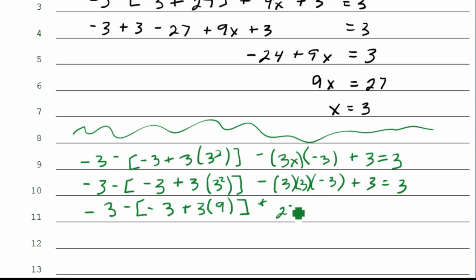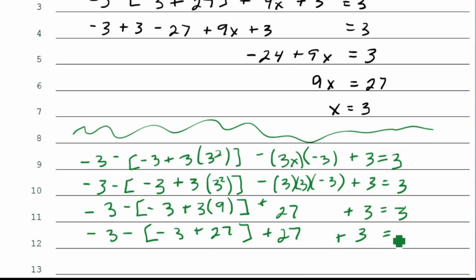Plus 27 plus 3 equals 3. Minus 3 minus 3 plus 27 plus 27 plus 3 equals 3.